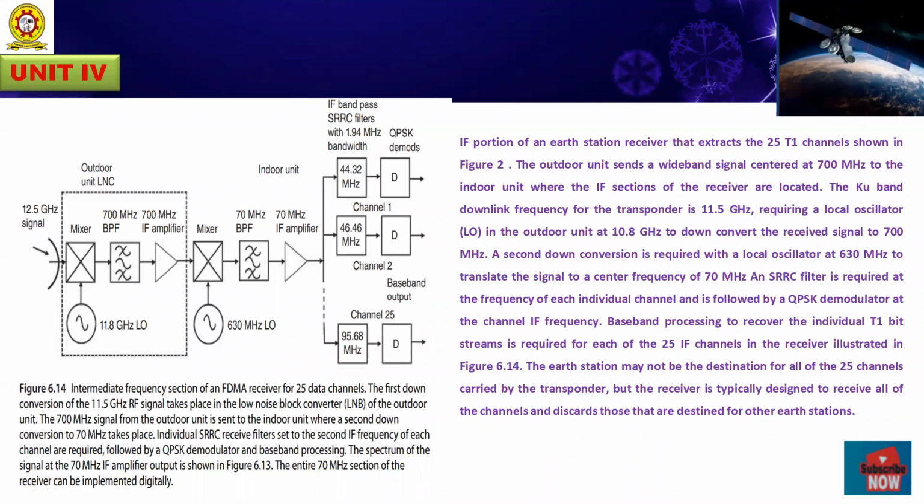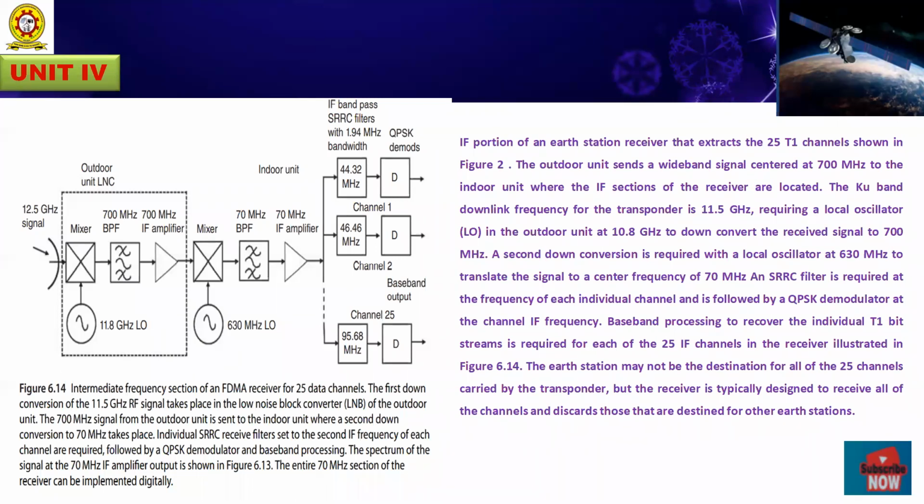So this downlink frequency requires a spectrum of frequency band. In that particular frequency band, the center frequency allotted for this type of Ku band example is approximately 70 megahertz.